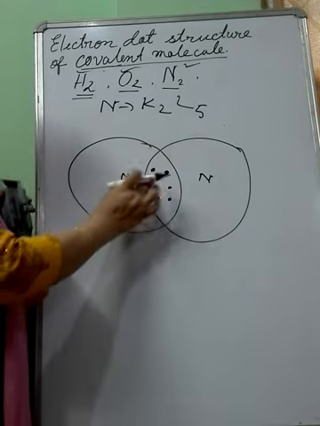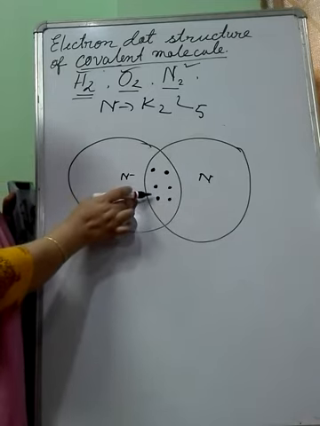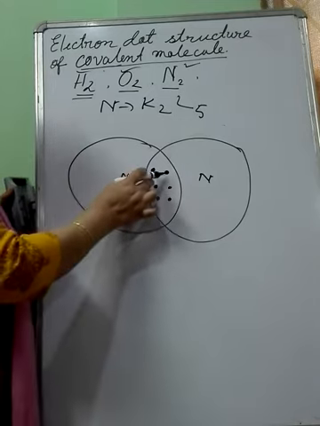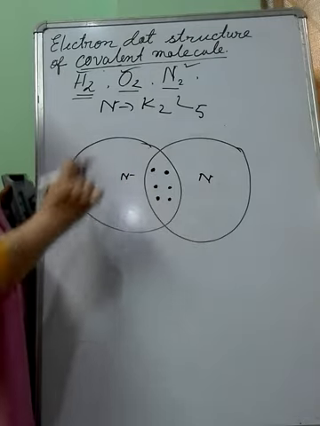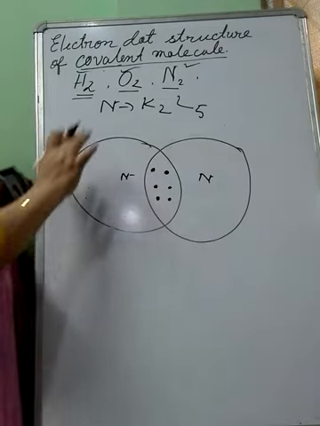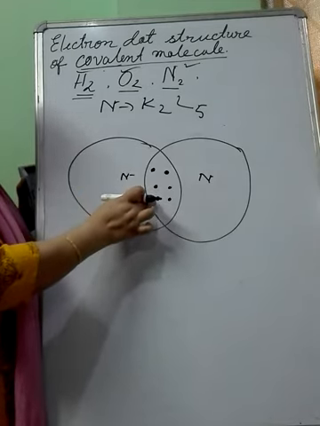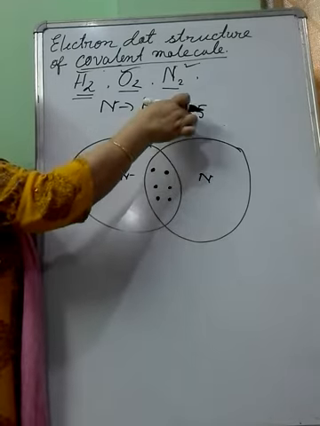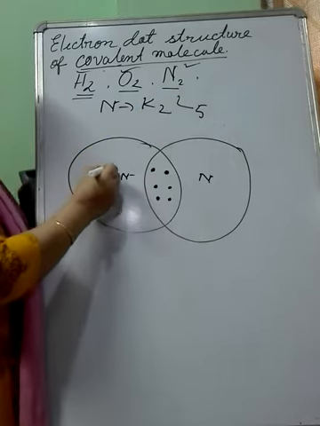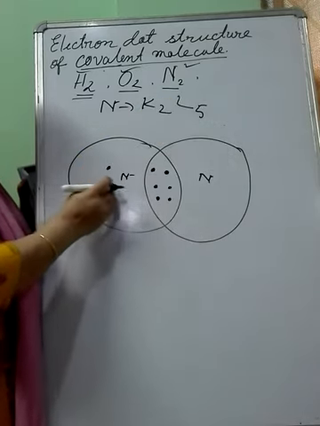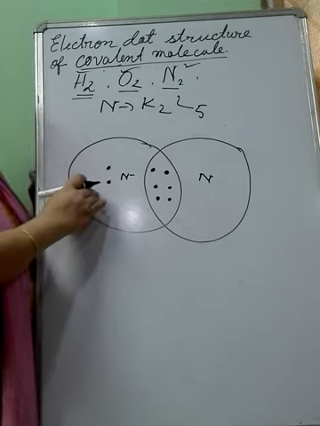In this sharing of 3 pair of electron, these 3 are the contribution of this nitrogen, these 3 are the contribution of this nitrogen from the outermost cell. When these 3 are the contribution in this sharing, how many left here? 2 left. So I am giving the 2 electron here in the non-overlapping region.